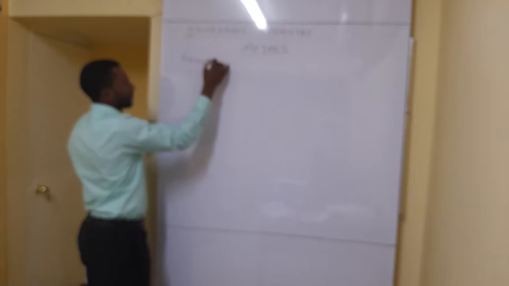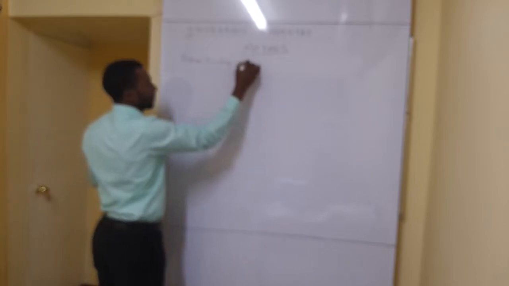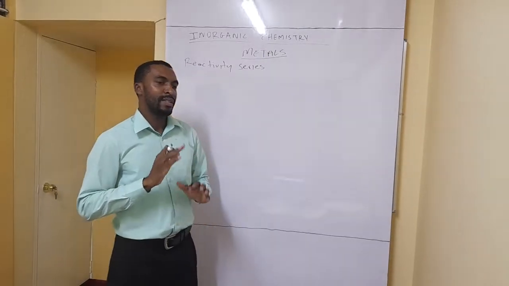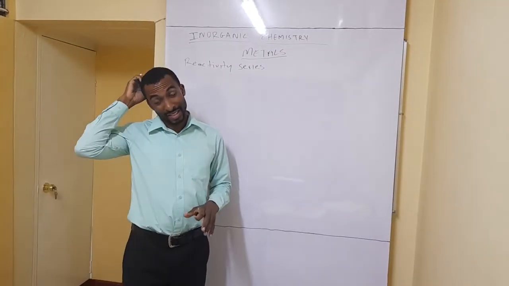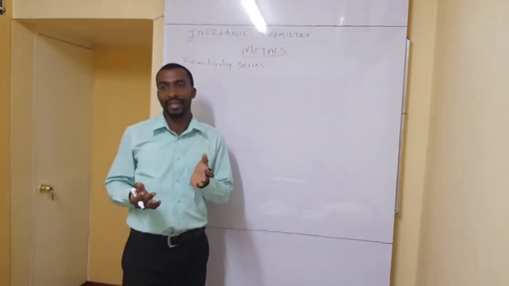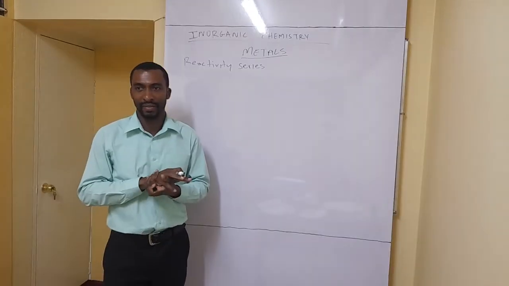Alright, so we need to know about the reactivity series. The reactivity series is a method of grouping the metals in terms of their reactivity, and that will govern the different types of reactions that the metal will undergo.